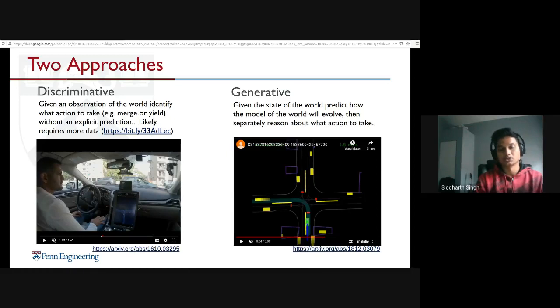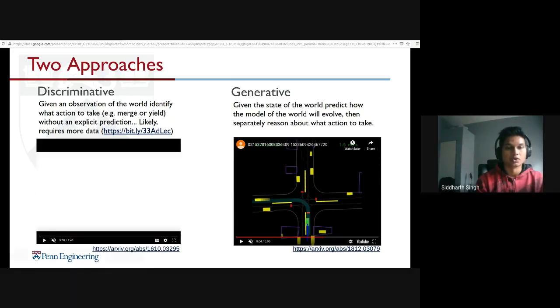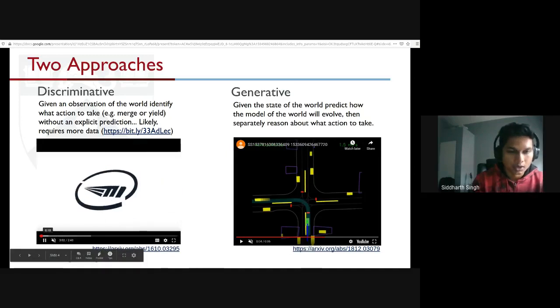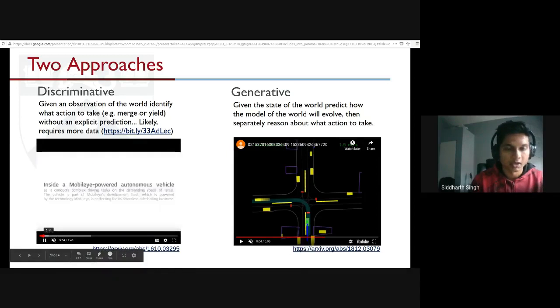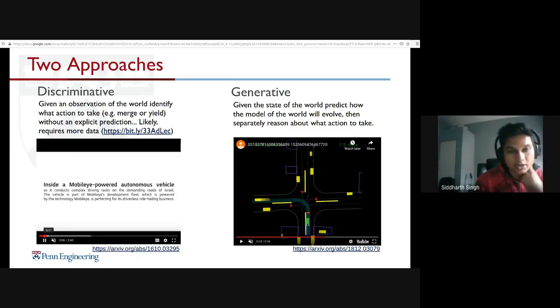Discriminative approaches take the second approach. That is, they do not recreate the entire situation, the entire environment around the vehicle. They just predict what they are seeing and what its action would be. So this is a quick video in which they show Mobileye, which is Intel's autonomous driving branch.